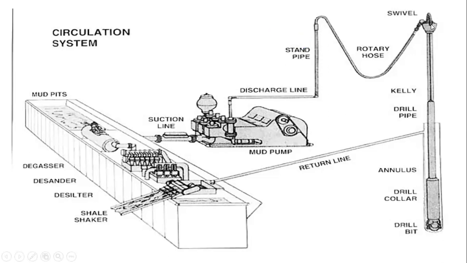And then it gets to what we call the swivel. The swivel is what allows the drill string to rotate whilst keeping the mud line stationary. So it has what we call the gooseneck. The gooseneck is what allows the drill mud to go directly into the middle of the drill string, and it pumps it within the drill string down to the wellbore.